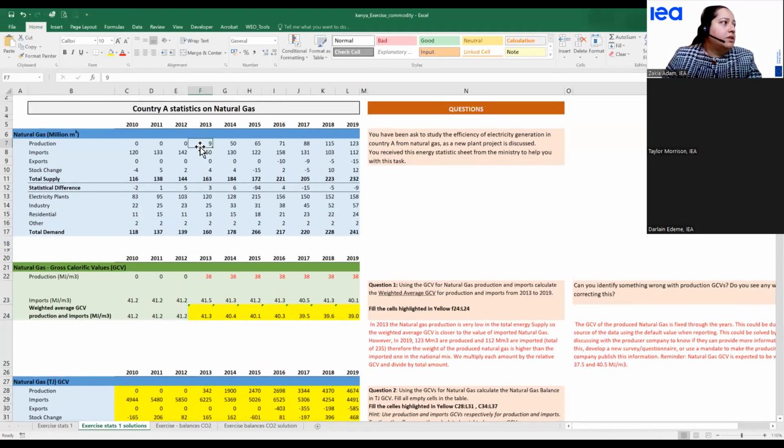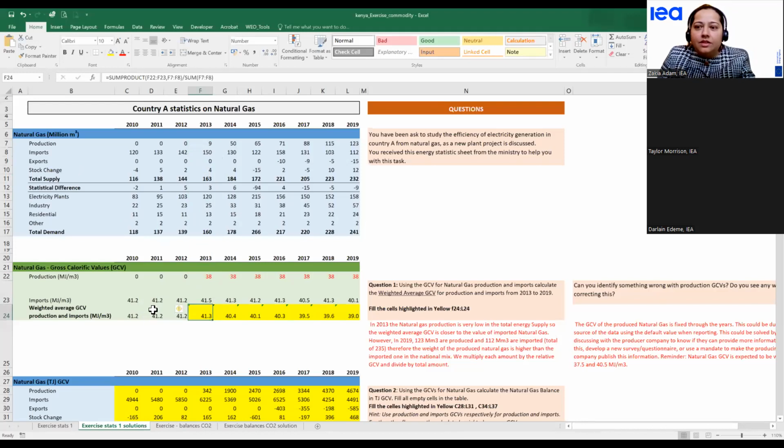You take your amount of production, you multiply it by your calorific value for production. So 9 times 38, plus you need to do the same for imports, so plus 150 times your calorific value for imports. Then you divide it by the sum of your production and import quantities. And that would give you your weighted calorific value.